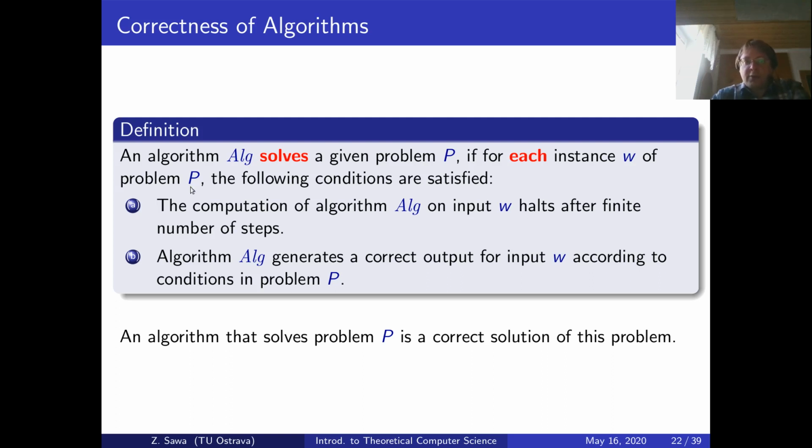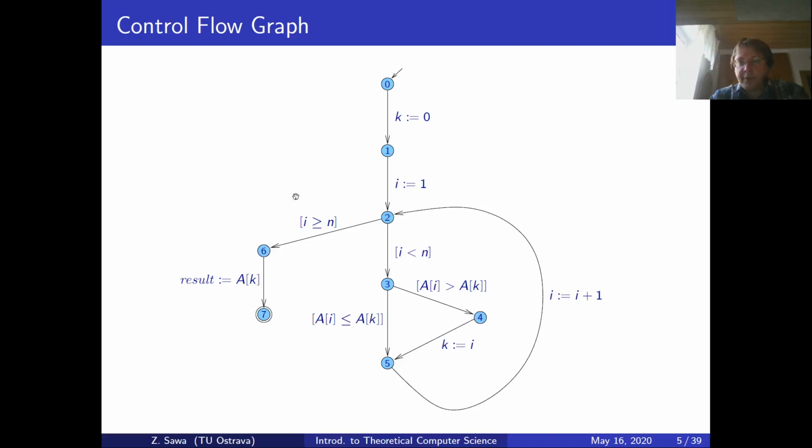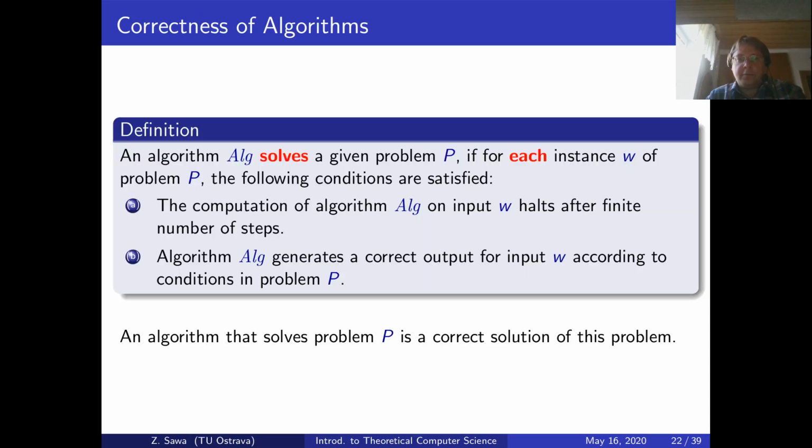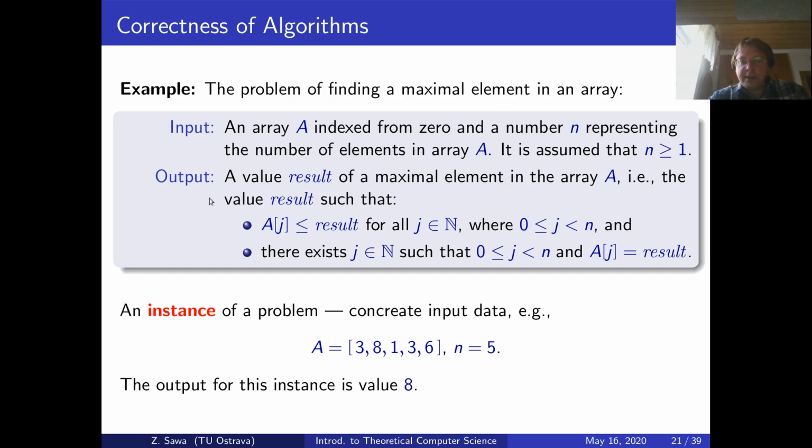If we have some particular algorithm represented in some particular way, for example by using a control flow graph or pseudocode and so on, let's assume we have some algorithm and some particular problem. The problem is the description of the input and output, as we have seen.